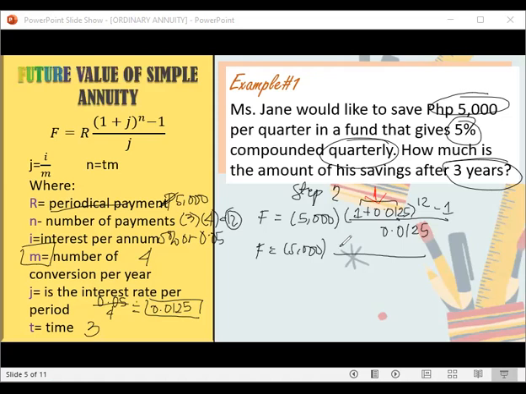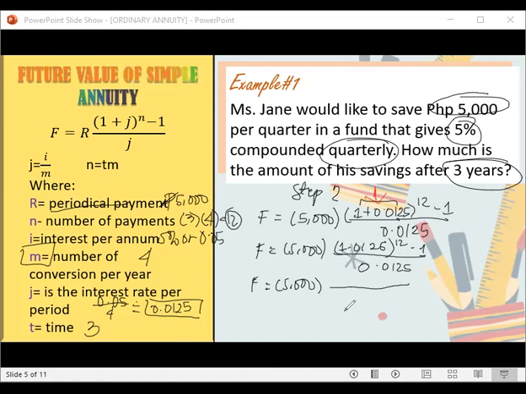The answer is 1.0125. Then, raised to 12 minus 1 over 0.0125. Okay, next. Next step is to, ano na yung next step natin? Is to solve the exponent. So, copy 5,000.